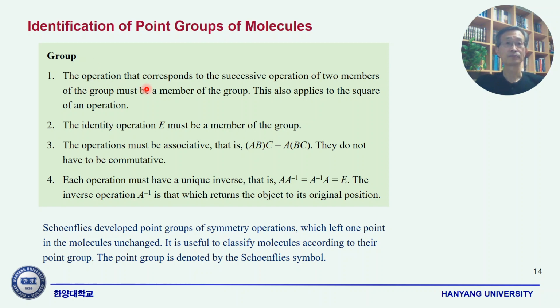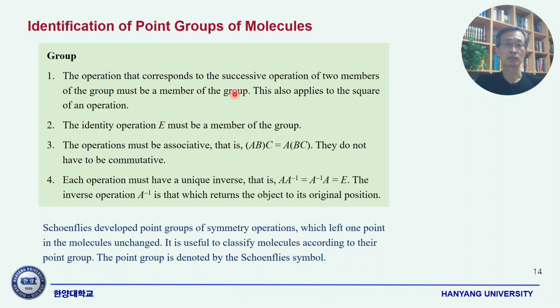Firstly, we found a number of symmetry operations or symmetry elements for some molecule. Just before, we did that for the benzene molecule. And then those we can call a group of symmetry elements because of these four properties of the group.